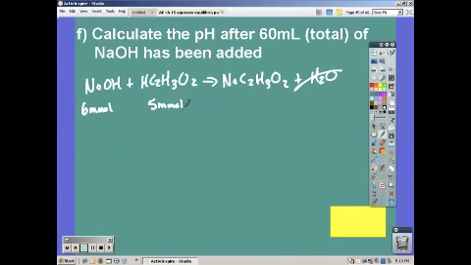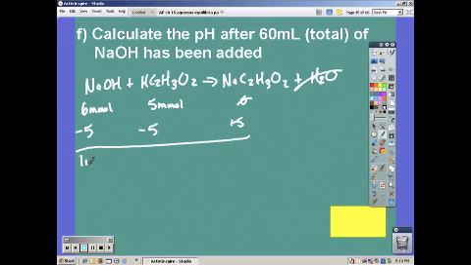You have 6 millimoles and 5 millimoles. So notice we're adding more base than the acid we started with. We have our 1 millimole, 0, and 5. We need concentration, so we're going to divide by total volume, which is 110. And then stop and look at what you have.